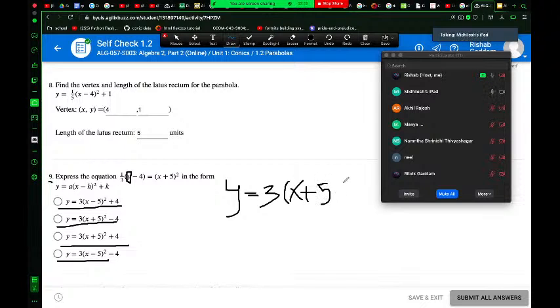Okay, so you're correct so far, but it's actually a positive 4, because if you want to cancel this 4, you're going to have to add 4 to both sides. Since this is a negative 4, adding a 4 to both sides makes there be a positive 4 over here instead of a negative 4. So the answer is this one.